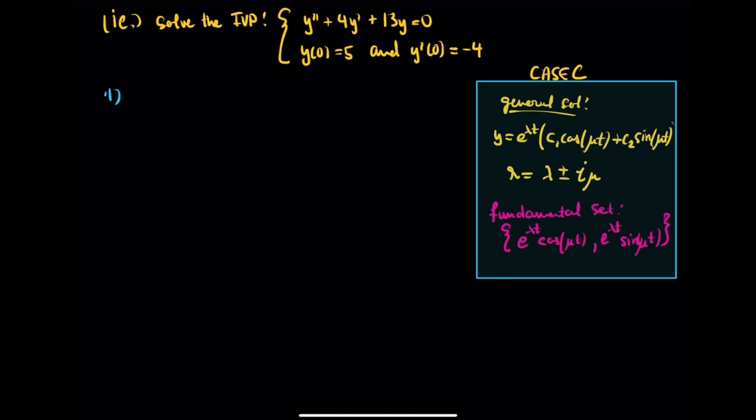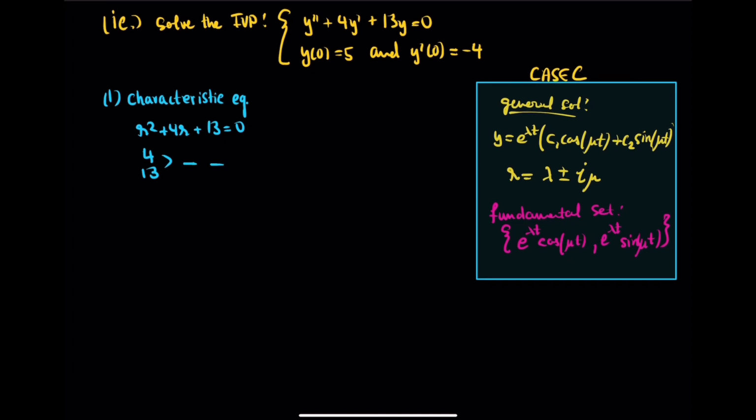So first thing we always do is we write the characteristic equation. Okay, so r squared plus 4r plus 13 equals 0. And I'm going to do it the sum and product way. I can't think of two numbers that multiply to give the product 13 and sum to 4. So therefore we have to check whether b squared minus 4ac is less than 0.